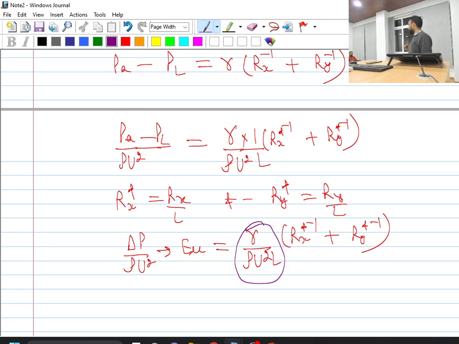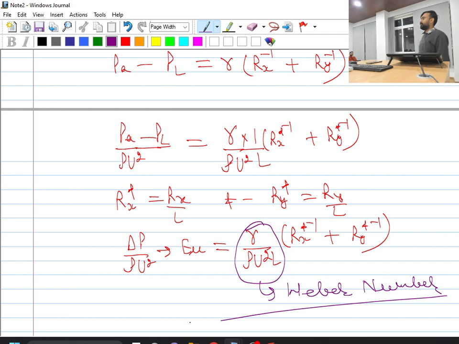What is this quantity? This particular quantity is nothing but your other dimensionless parameter, which is called the Weber number. And this will only come into the picture if your flow involves a free surface.